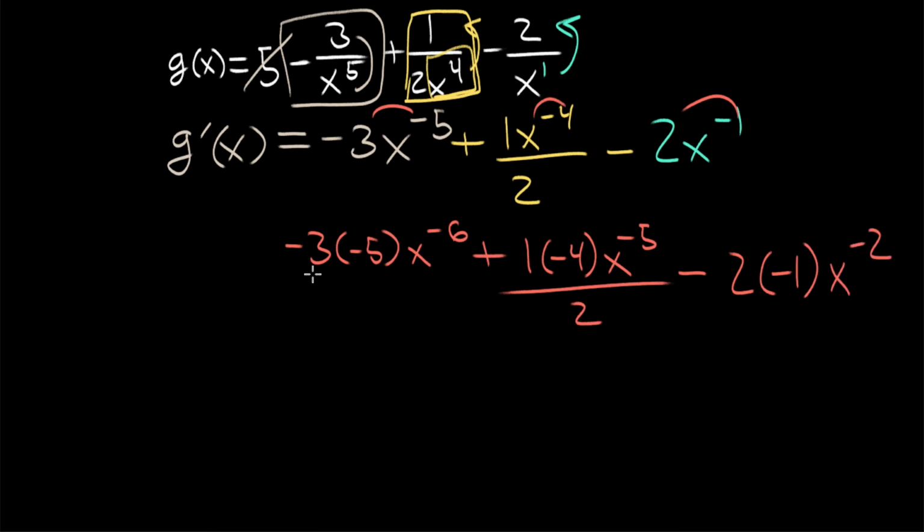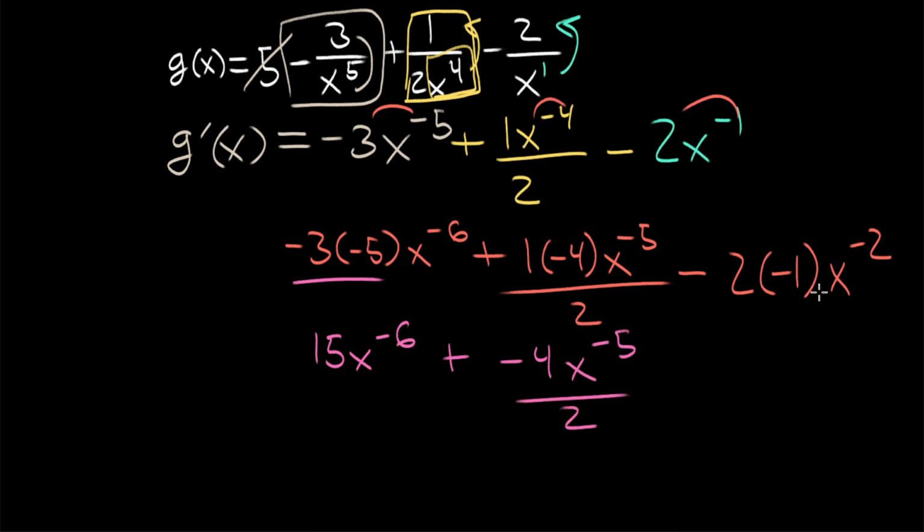Okay, so let's solve this one right here. This gives us positive 15 x to the 6th. This one right here gives us -4 x to the -5 and over 2.